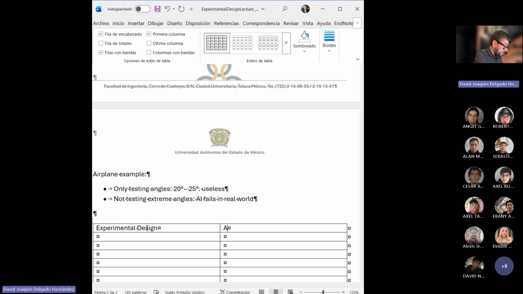And I am going to put here the artificial intelligence, in order for you to realize how they are correlated, okay? So in experimental design, we are talking about factors, and in artificial intelligence, we are talking about features, okay? Let me put this table.